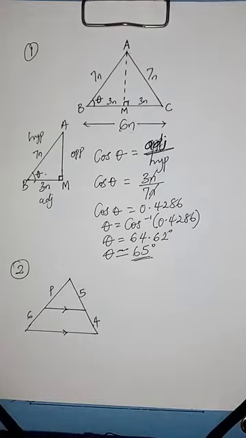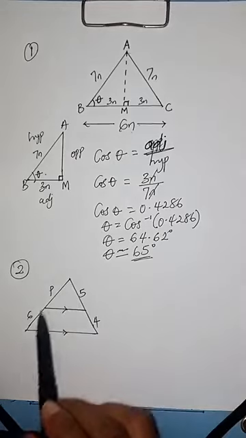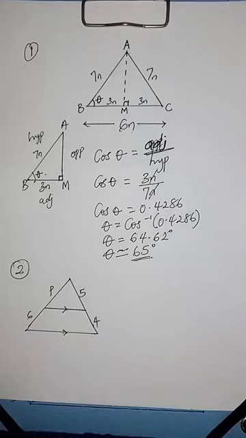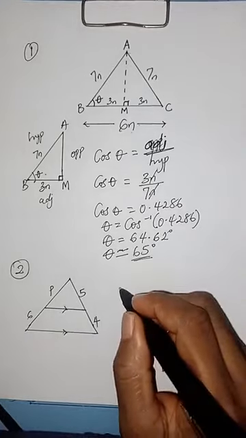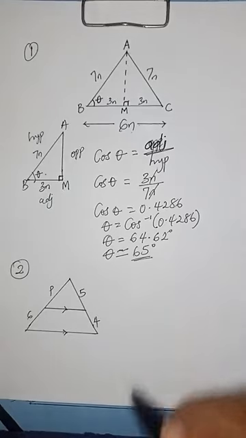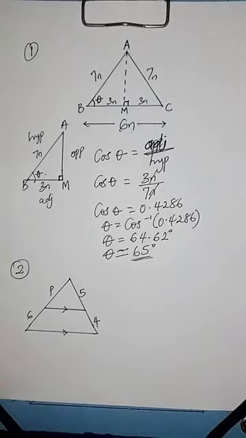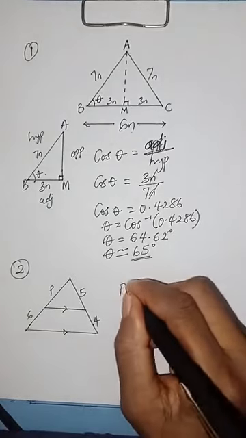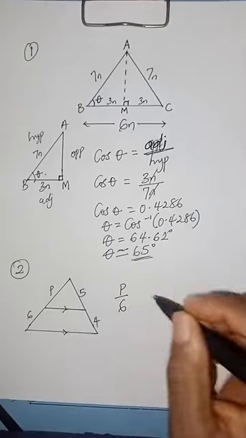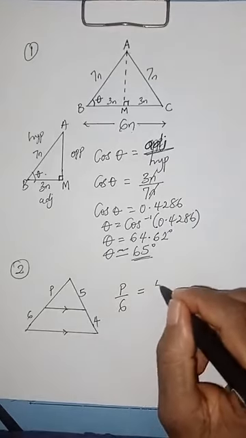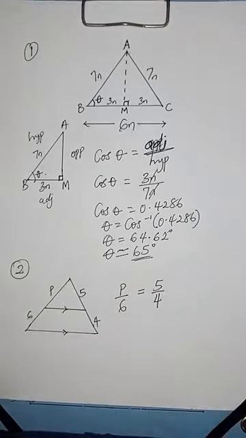Now to do this, we have to consider the entire triangle. The entire triangle, it's this to this. So we take the ratio of the triangle. This question is actually under geometric ratios. So it's going to be P ratio 6 is equal to 5 ratio 4.